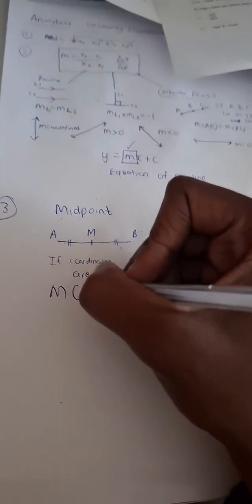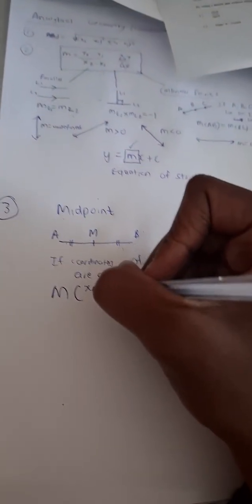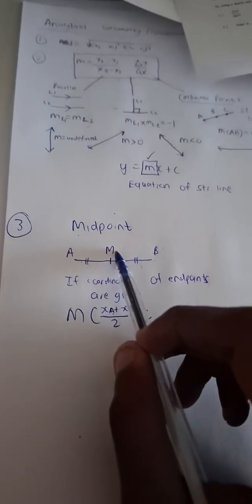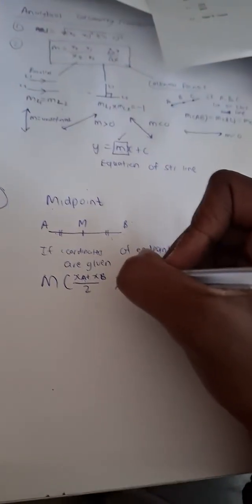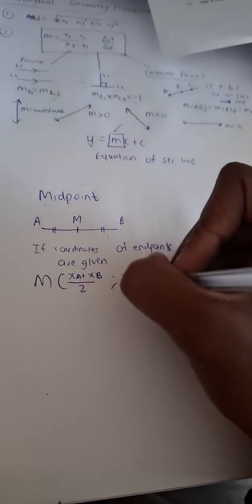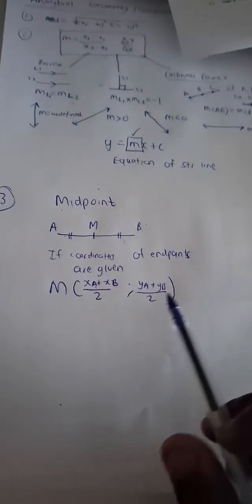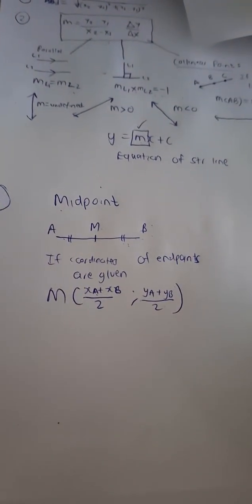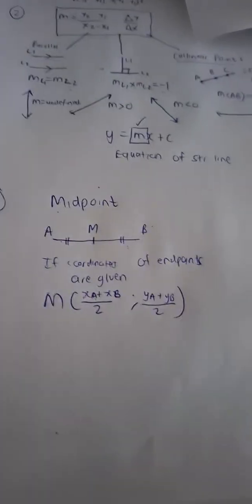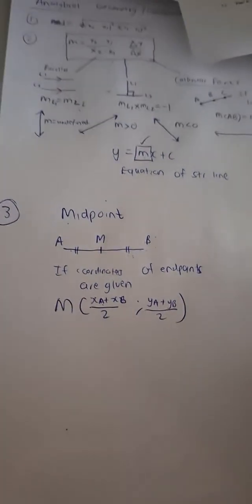Which x1? The x coordinate of A plus the x coordinate of B over what? Over 2, to find the x coordinate of the midpoint. The y coordinate of A plus the y coordinate of B divided by 2 to find the y coordinate of the midpoint. That is how we are able to find the midpoint.